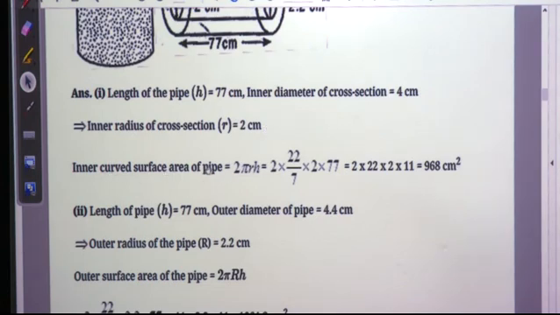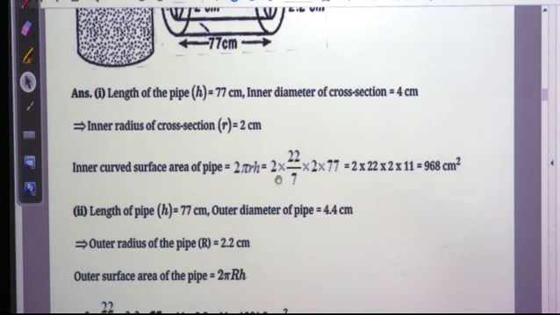Inner curved surface area of pipe is equals to 2 pi RH. 2 into 22 upon 7 into inner radius of cross section is 2 into 77, that is length of the pipe H.